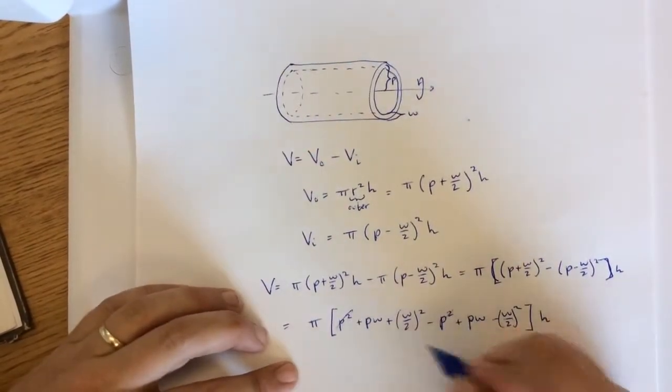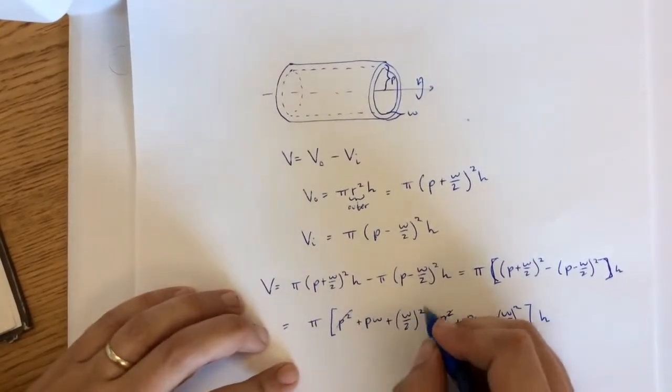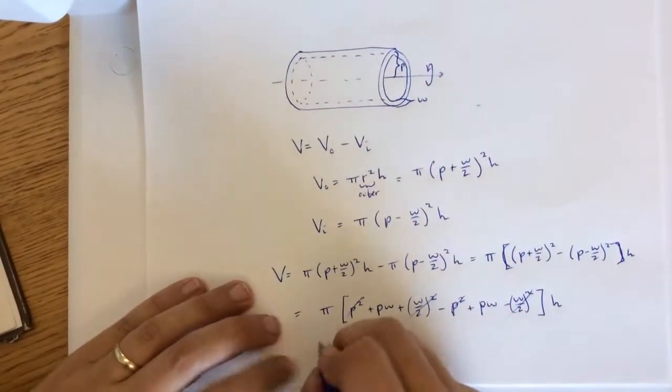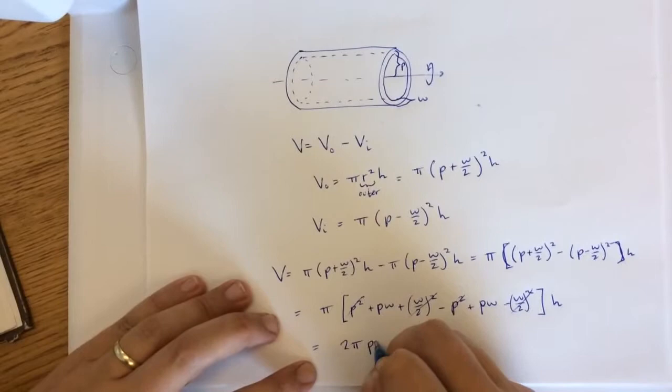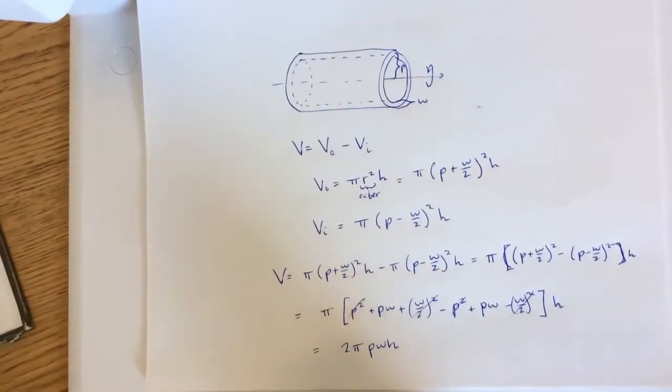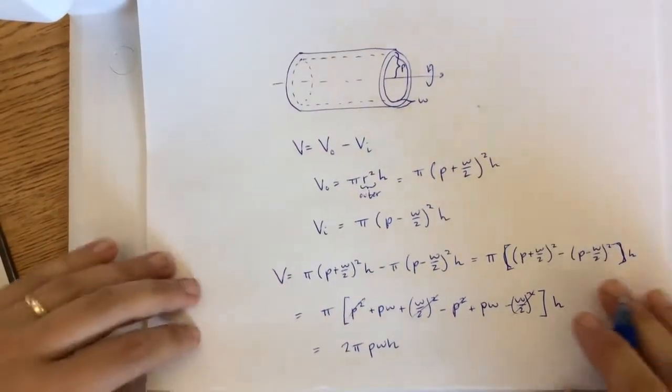So the p squareds cancel out, the w over 2 squareds cancel out, and we're just left with 2 pw's. So we get 2 pi times pwh as the volume of this cylindrical shell.